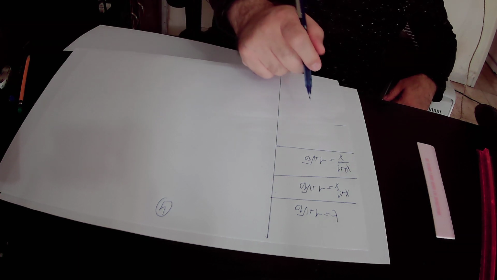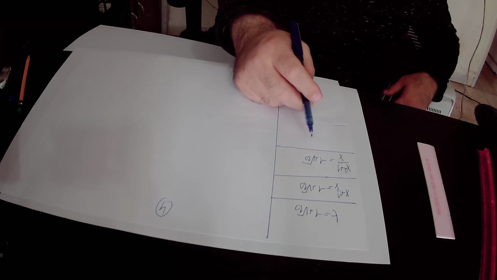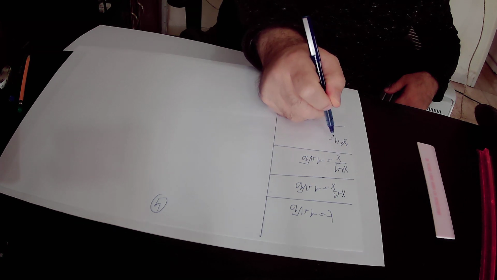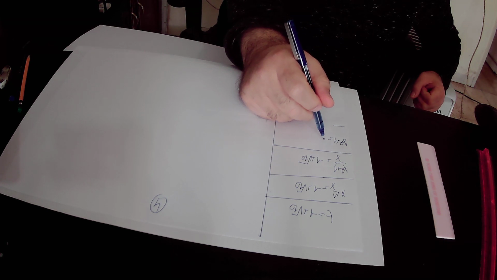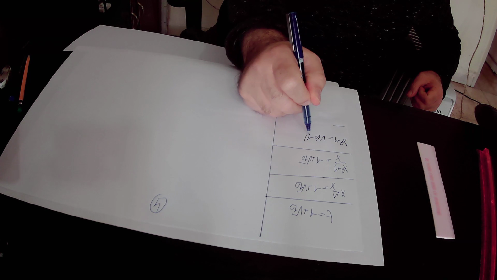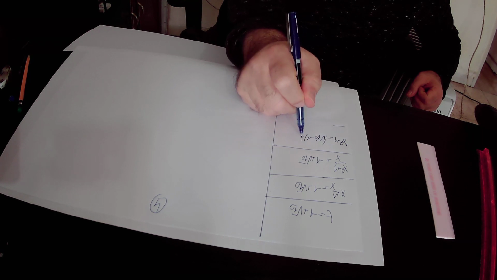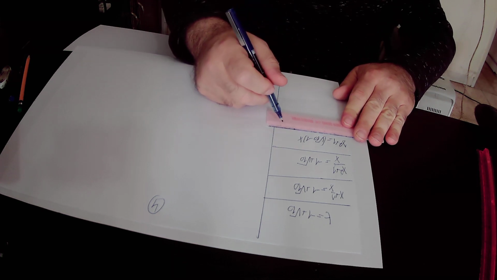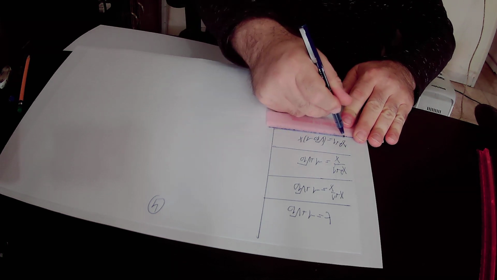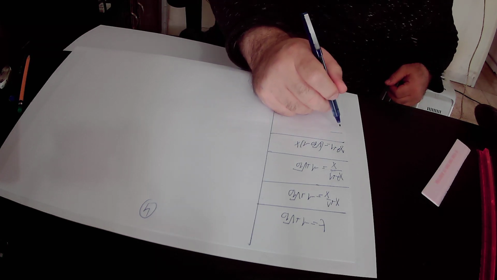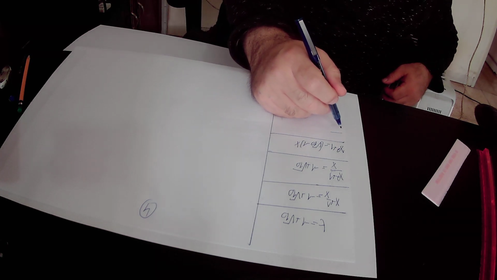Here we will multiply this equation by x, and we will get that x squared plus 1 equals square root of 10 minus 1 times x. Here we will subtract square root of 10 minus 1 times x from this equation, and we get a quadratic equation.